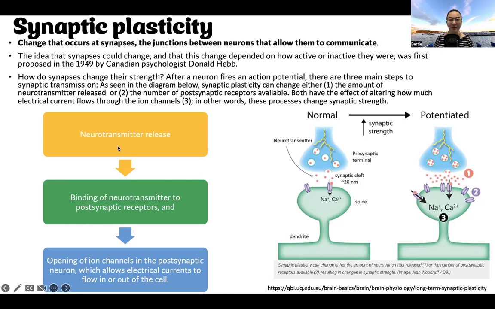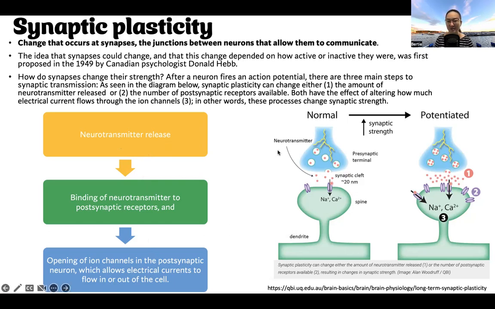You can see here neurotransmitter release and then binding of neurotransmitter to postsynaptic receptors, and then opening of ion channels in the postsynaptic neuron, which allows electrical currents to flow in or out of the cell.